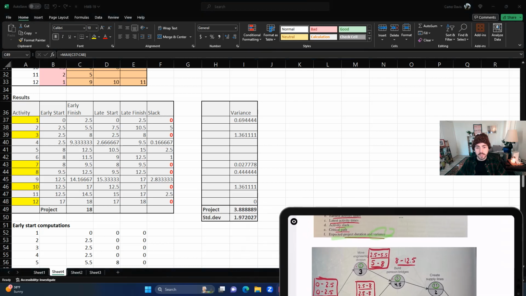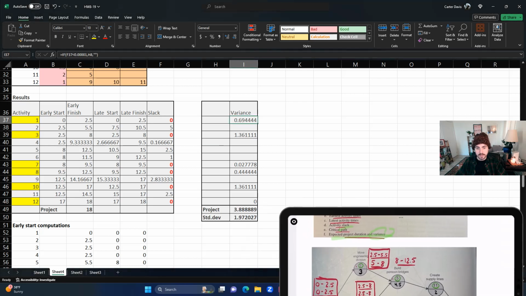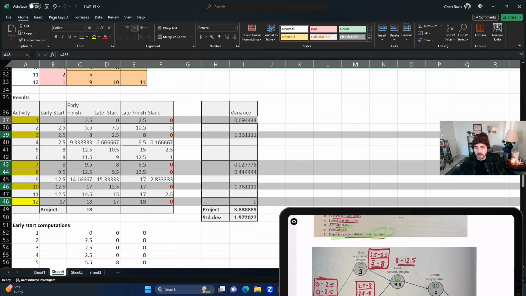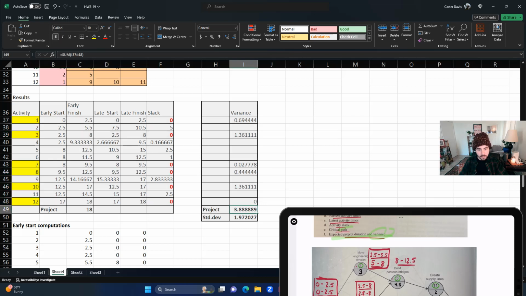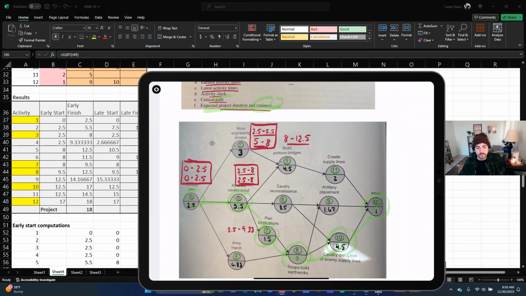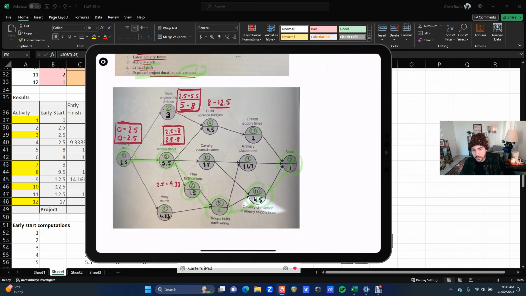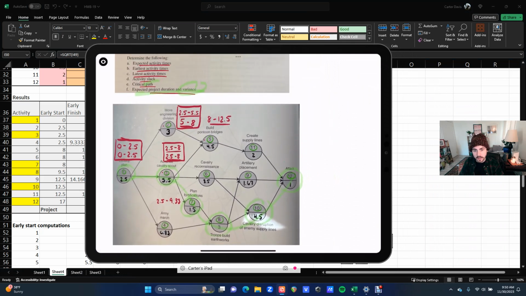Notice how 1 is highlighted, 3 is highlighted, 7, 8 highlighted, 10 and 12 highlighted. They added up the variances. So the project variance is just the sum of these variances, and then you take the square root of that project variance to get the standard deviation of the project time. Okay? That's about all I can do on this one.